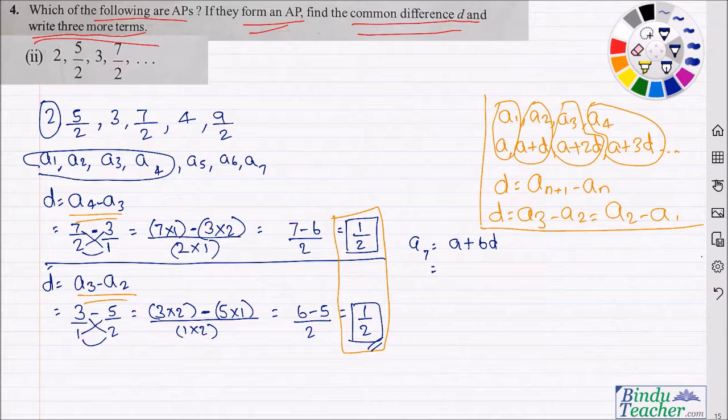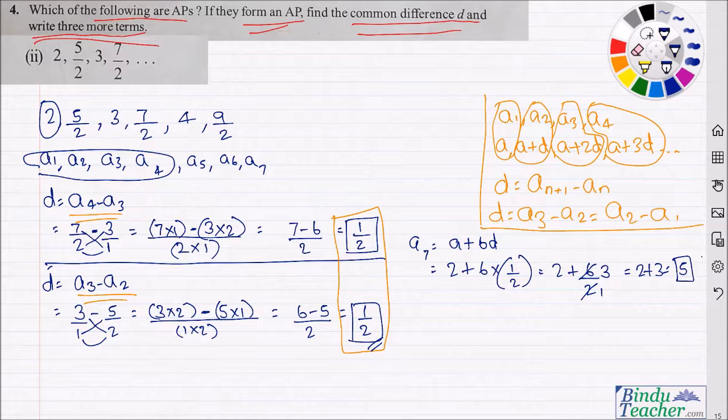And A is 2, plus 6 into the common difference, which is 1 by 2, equals 2 plus 6 by 2. So we have 2 into 1 equal to 2 and 2 into 3 equal to 6, which is 2 plus 3, and the answer is 5. So the value of A7 is 5.